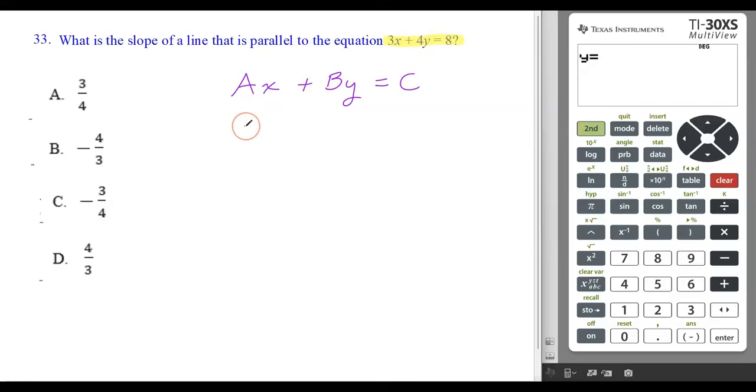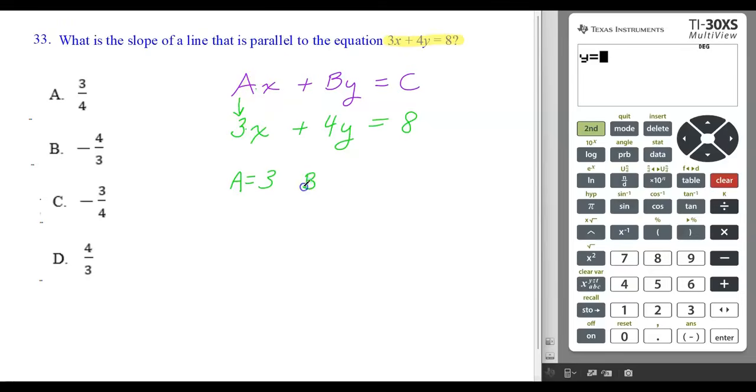Right below this standard form, it's 3x plus 4y equals 8. My a value is 3. Right here, right? Whatever the x is multiplied by is your a value.